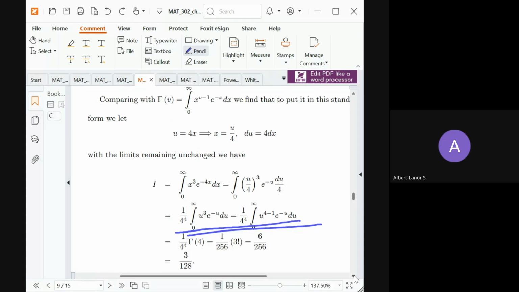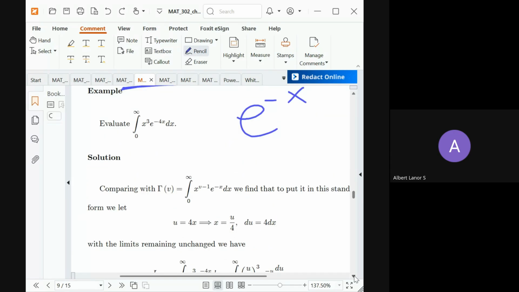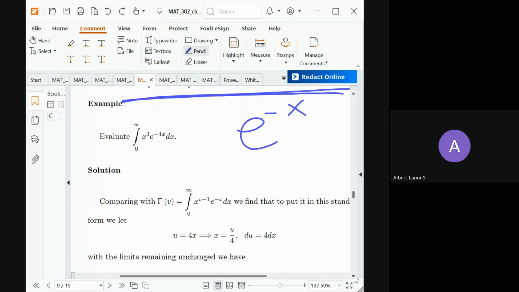So we use change of variable. Well, you know that if you transform it into u, you can integrate it in u. You get the same solution. So the problem itself had e to the power minus 4x.